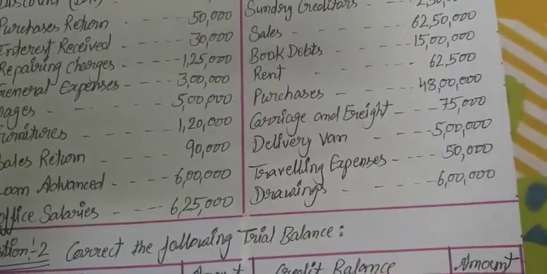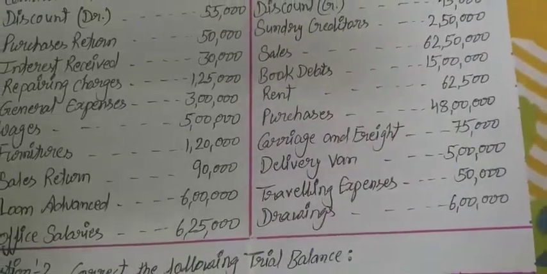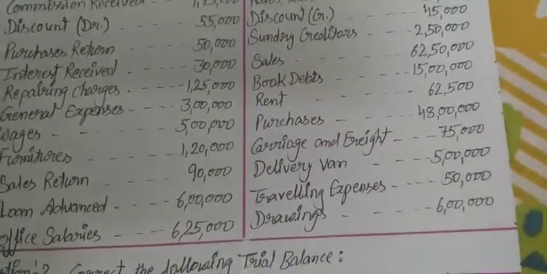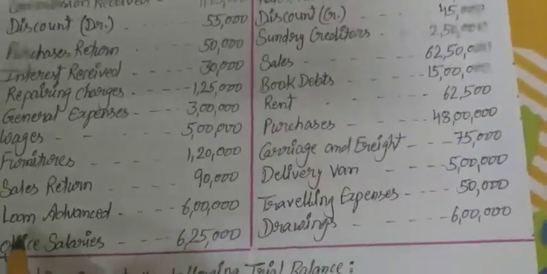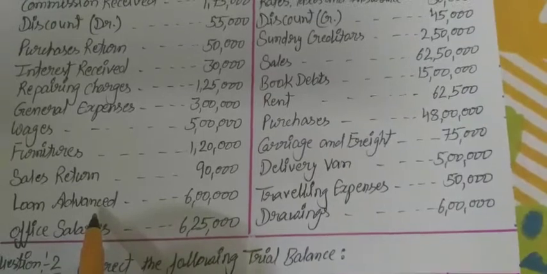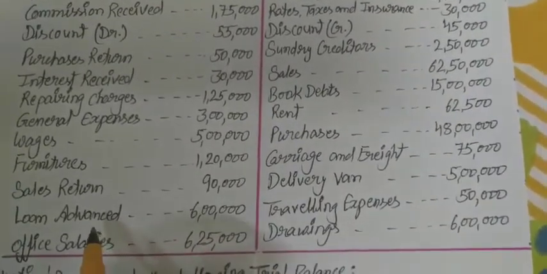When the business is receiving a loan from an outsider, that will be credit, and if a business is giving a loan to an outsider, that will be a debit. So loan advance means the loan is given to an outsider by the business.